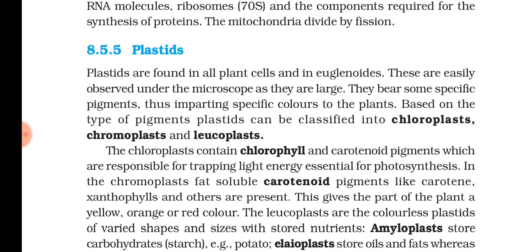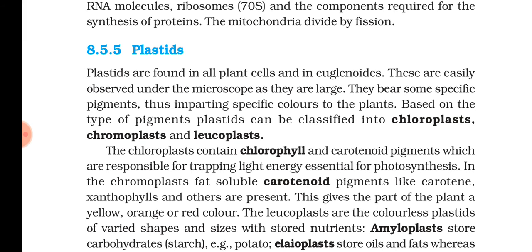Understood? The chloroplast contains the pigments known as chlorophylls and carotenoids. These are the major pigments which help in the trapping of light energy during photosynthesis.